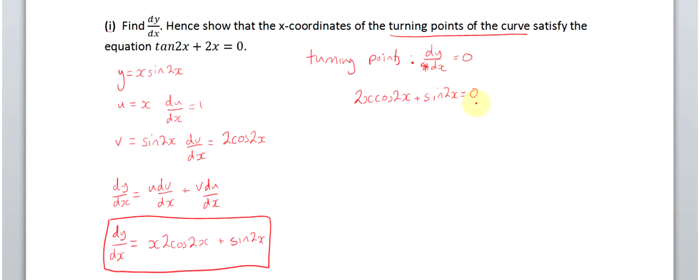And hopefully this can be turned into this. As you can see, we've got the right number of terms: 2 terms and a 0. The tan is obviously going to come from doing some sort of divide through, and in fact to get tan you need sine over cos, so we're going to divide both sides by cos 2x.